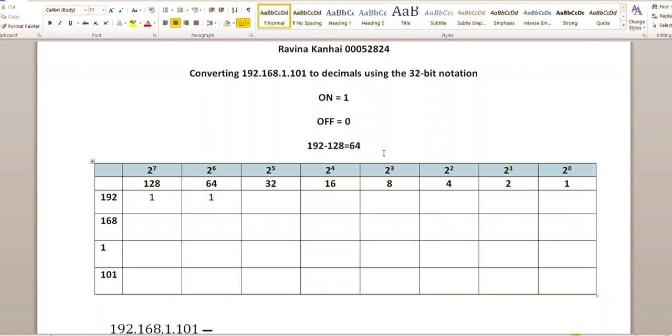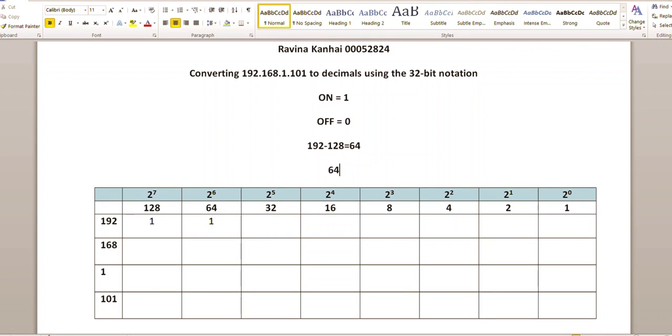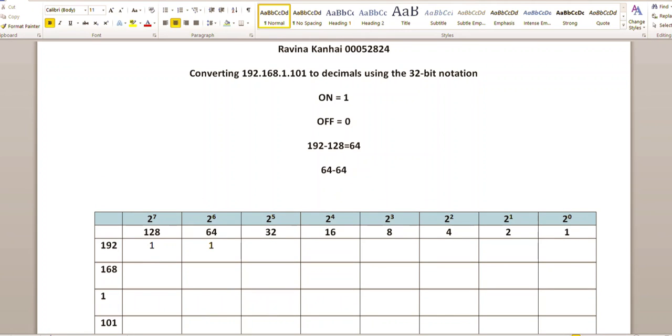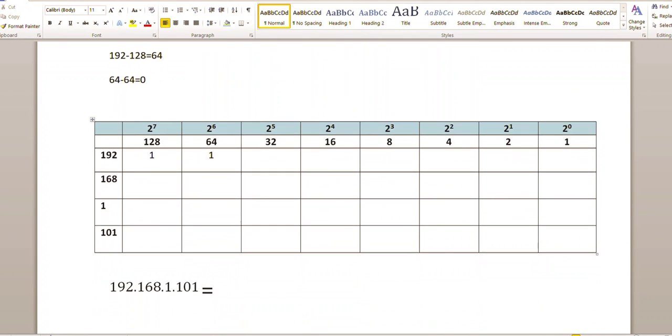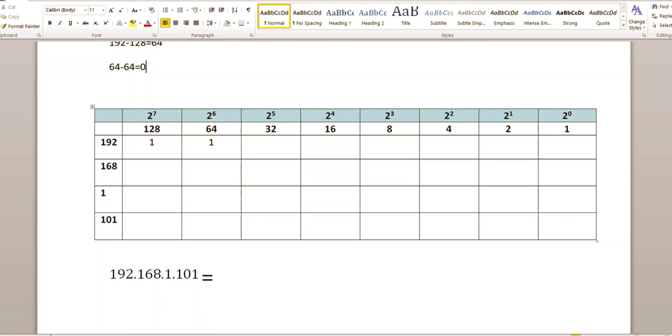Now we minus again. 64 minus 64 will give us 0. Now that I remain with a 0 value, all I am left to do is fill the remaining columns with off values. So let's go 0, 0, 0, 0, 0, and 0.